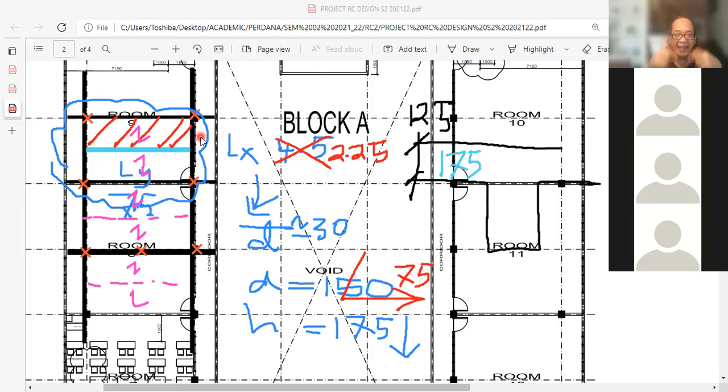And when LX is reduced to 2.25, consequently the thickness requirement is now reduced from 175 previously to something like 125 mm only. So that is the pros and the cons of looking into a layout and trying to reduce the thickness, adding secondary beams and so on. Okay, so I leave that to you.